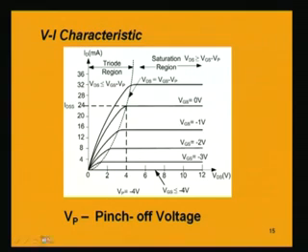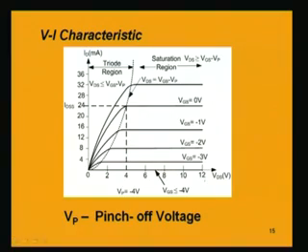Now, in order to draw the VI characteristic, we have to just map all these regions, likewise as we have done in the MOSFET. For the JFET device, VDS is positive and this is the corresponding ID. Now, for different values of gate to source voltage starting from 0 to negative, we are plotting this.